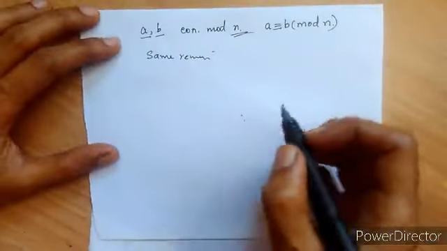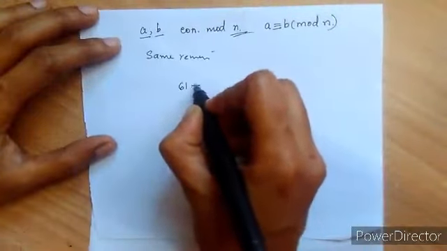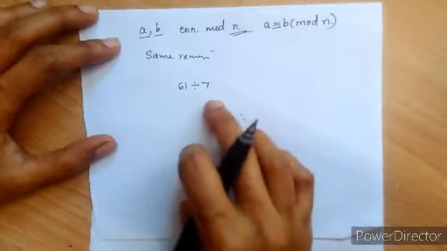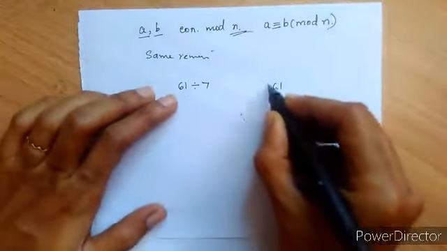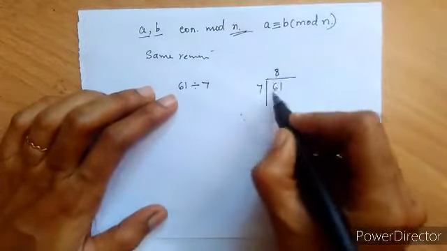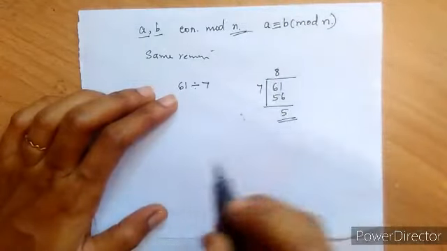Now let's see an example. We have to divide 61 by 7, and write this in a modulo method. See, 61 divided by 7. Divide this, you will get 8 sevens are 56. The remaining is 5. So 5 is the remainder.